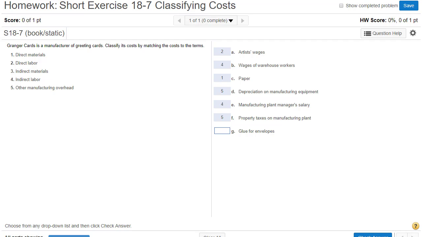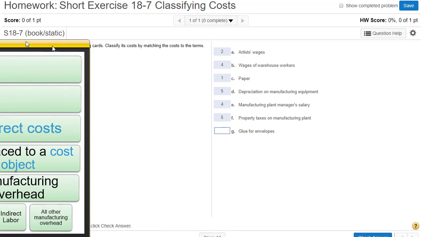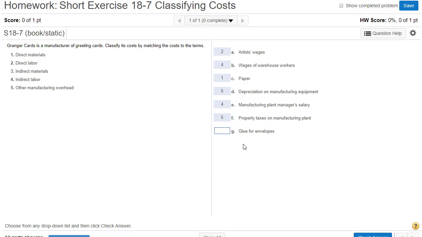Well, indirect could also mean that it's not cost effective. So we could measure the glue on each greeting card envelope, but it's not cost effective to do that. So this material is an indirect material. Number 3.